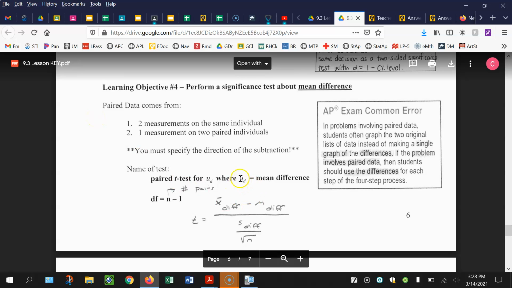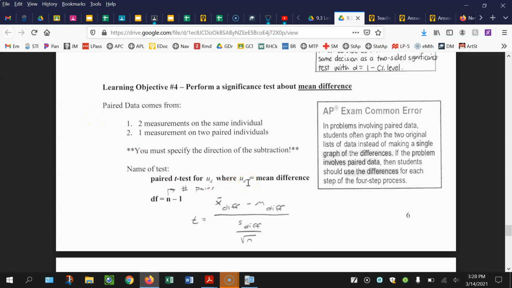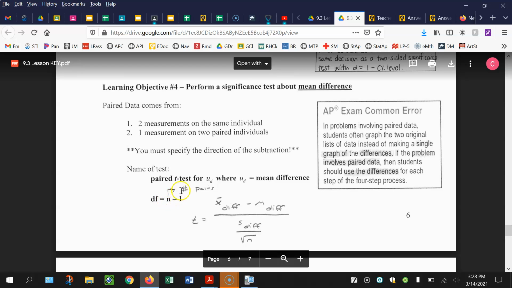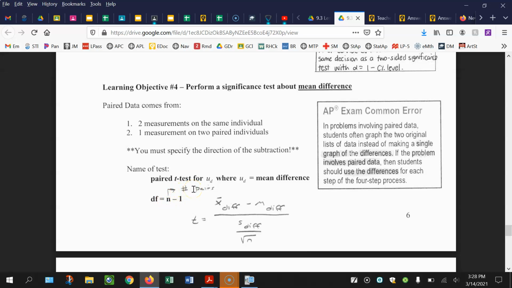That's why we use this mu sub d. This is the mean difference. Okay? And the degrees of freedom is still n minus 1, but you'll notice n is the number of pairs. So if you have 10 pairs, you're going to end up with 20 sets of data points, like a before and after for 10 pairs.